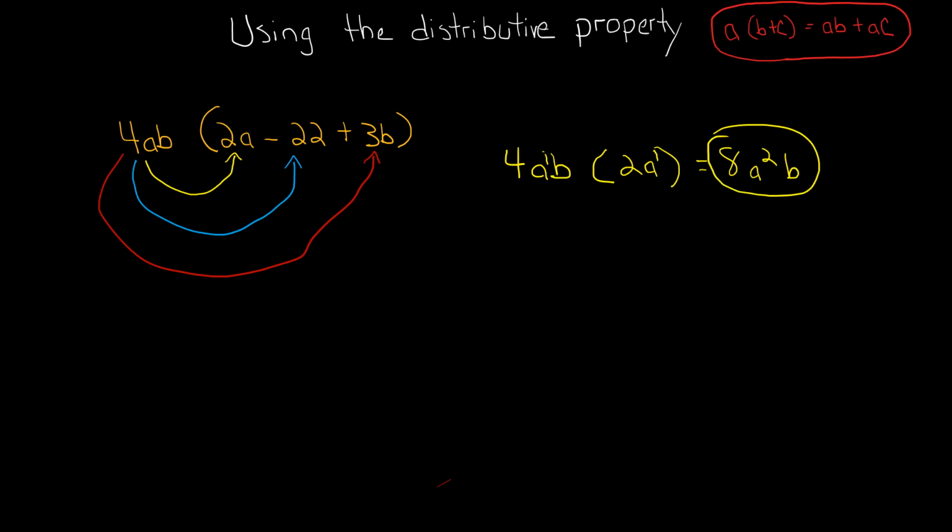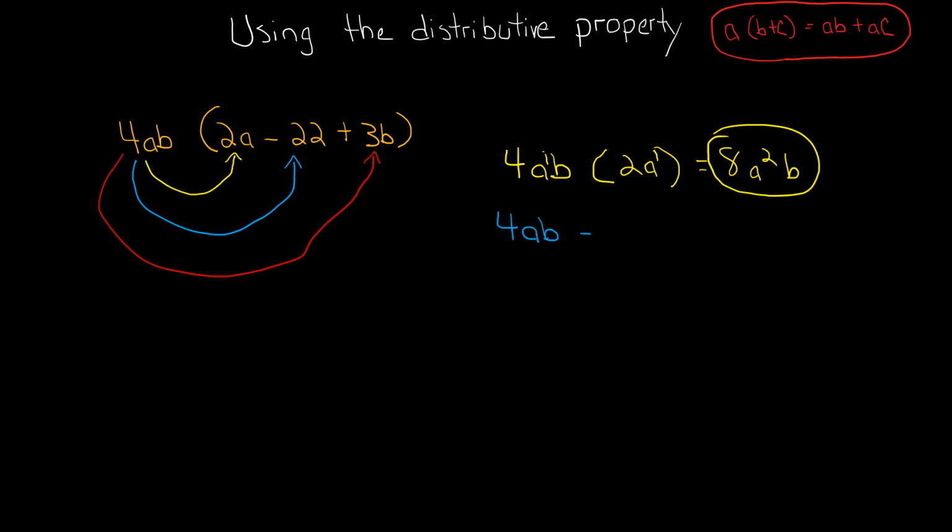Okay. So now let's go to the next one. 4ab times negative 22. Well, you know right off the top, anytime you multiply a positive and a negative, it's going to give you a negative answer. So you should already know that. Don't let that negative 22 fool you. It's the same thing we did before. So let's go with the blue. 4ab times negative 22.